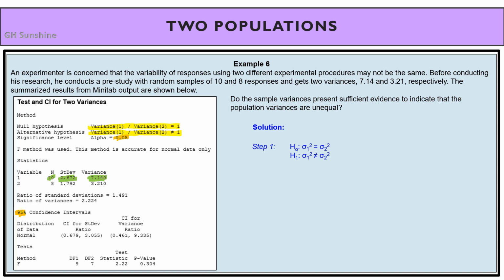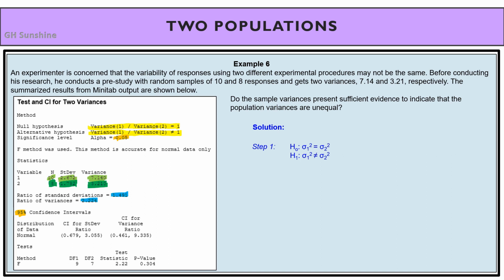And then second variable: sample size 8, standard deviation 1.792, variance 3.210. And then this one is the ratio of standard deviations, 1.491. Meanwhile, the ratio of variances is 2.224.